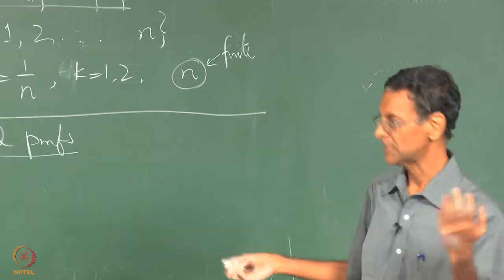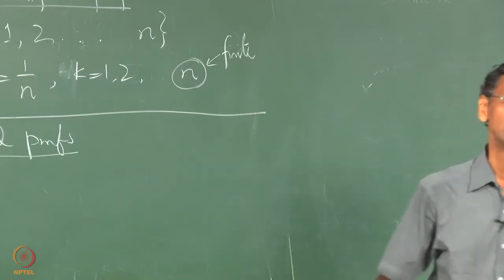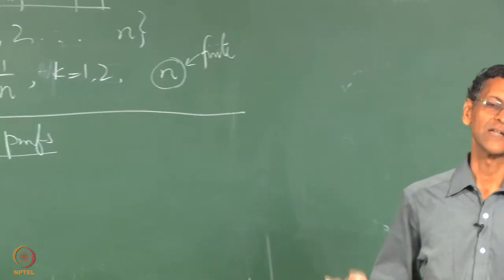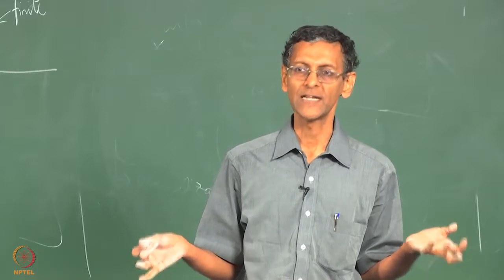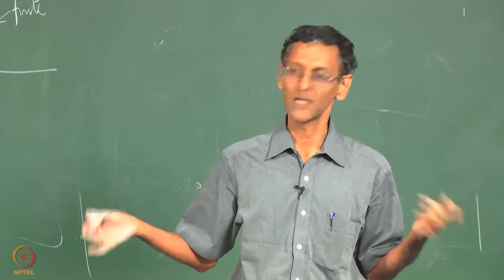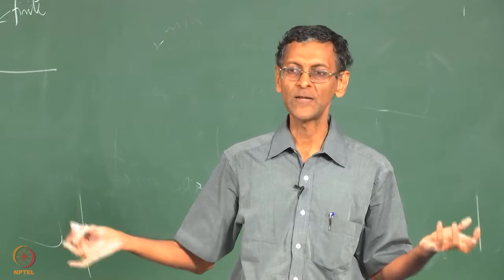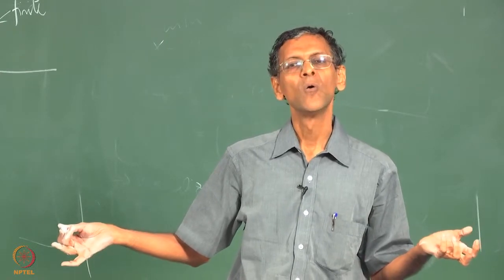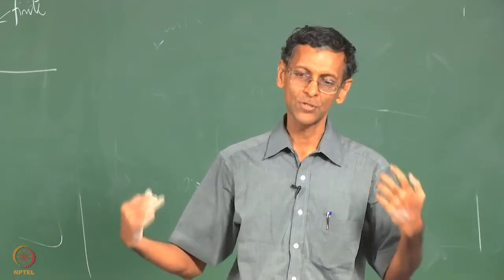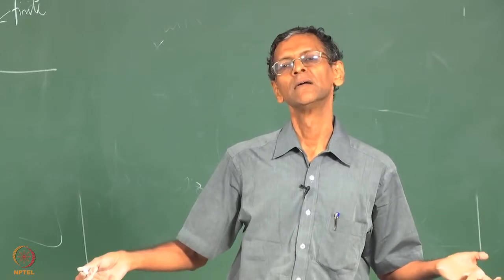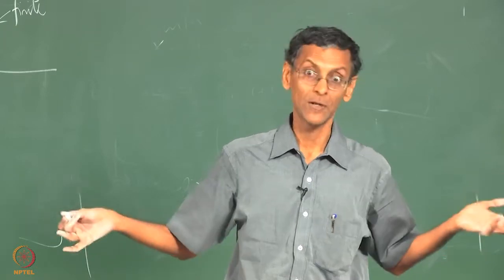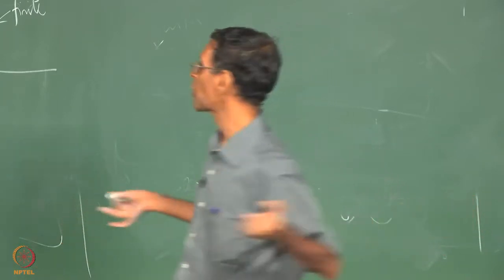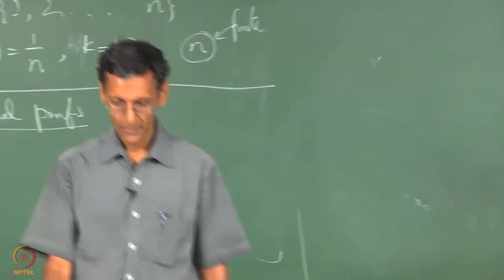There is a memoryless property as far as the geometric PMF is concerned, but in general, supposing you know some information about the random variable x, like it's at least 5 or at least some number m, or it's between 1 and 10, what can you say about the distribution of x given that x lies in some interval? That is the most common form in which we see this conditional PMF.